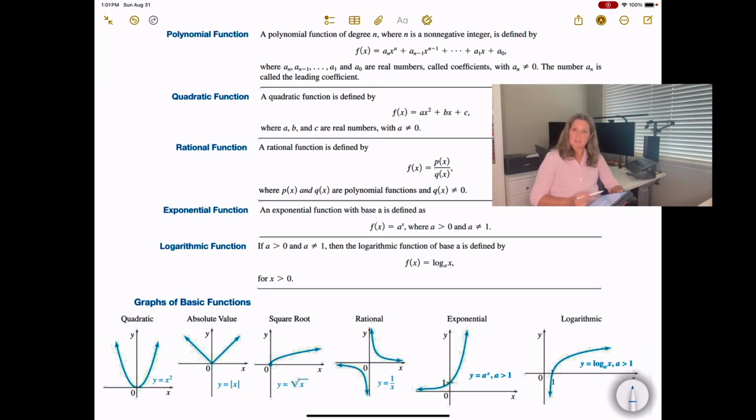Let's take a look at the quadratic function. At x equals 0, y is equal to 0. If I change the input values of x, making them larger, x squared equals y produces y values that are larger than 0. If x equals 1, 1 squared is 1.